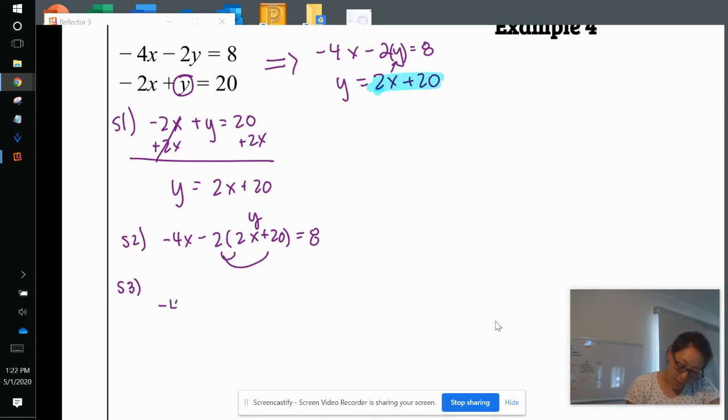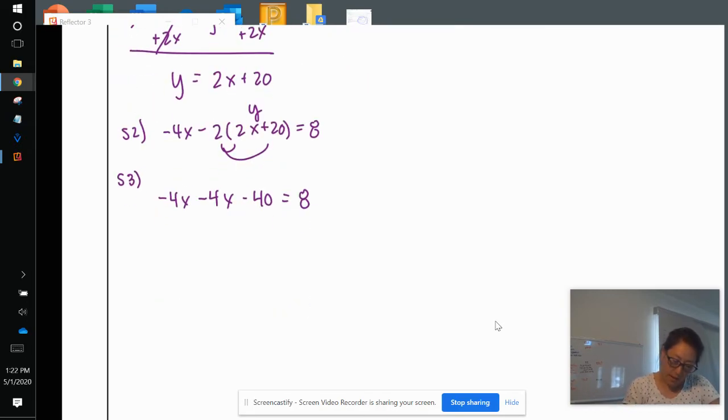So I get negative 4x, negative 2 times 2x is negative 4x, minus 40 is equal to 8. Yep, okay. So I'm going to add these up. Negative 4x and negative 4x give me negative 8x minus 40 is equal to 8. I will go ahead and add 40 to both sides, again, showing your work.